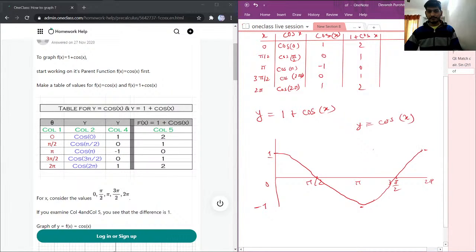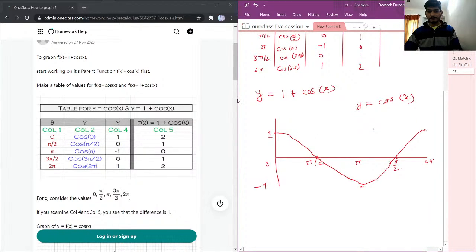So the graph of cosine x is basically like a sinusoidal wave, and it looks kind of like this. My drawing is not very good, so it looks a bit ugly, but it doesn't matter, we know the approach and know the graph of our cosine curve.